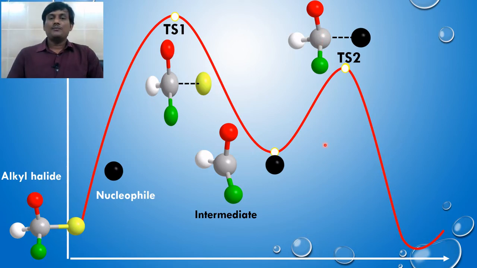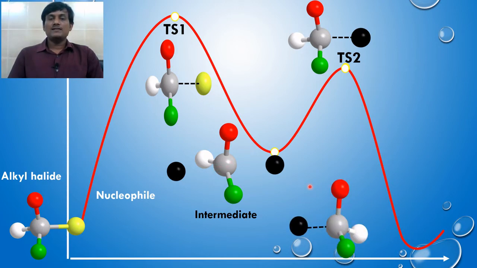When the nucleophile attacks from the backside, then you can find another transition state. Both the transition states have the same energy. In this state, you can find the nucleophile on the front side. In this state, you can find the nucleophile on the back side.